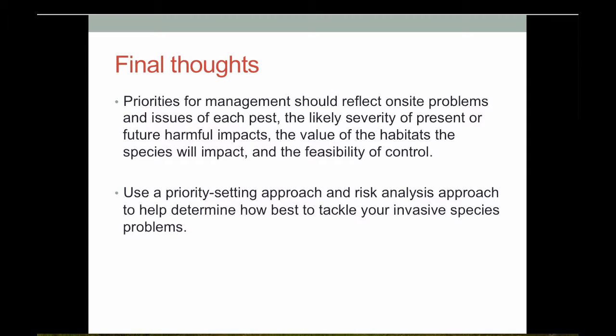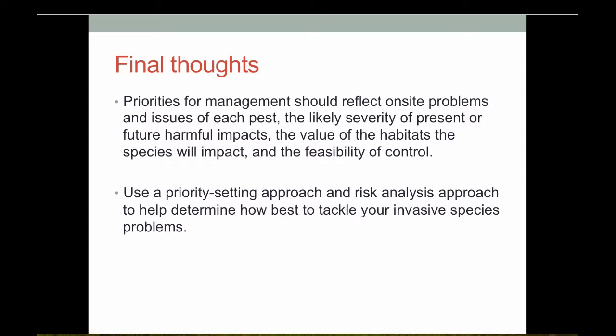You need to really focus on the likely severity of present or future harmful impacts that pest may pose to your restored ecosystem. You need to think about the value of the habitats that these invasive and pest species are going to impact. Is it a remnant ecosystem that you're trying to restore and maintain? And if an invasive species gets in there, is it going to really dramatically change it?